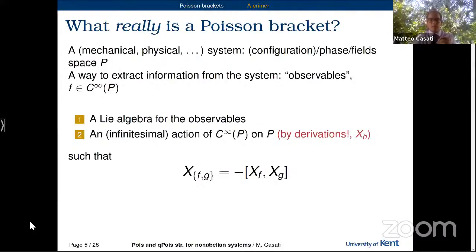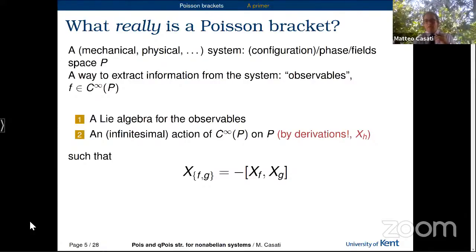For integrable systems, or for dynamical systems in general, what we really need from a Poisson bracket is this: we have a mechanical or physical or abstract system, which is a space, normally called a phase space, or a field space if you're thinking about some kind of field theory, P, and we have a way to extract information from the system, which are observables, in the basic setting smooth functions on the phase space.